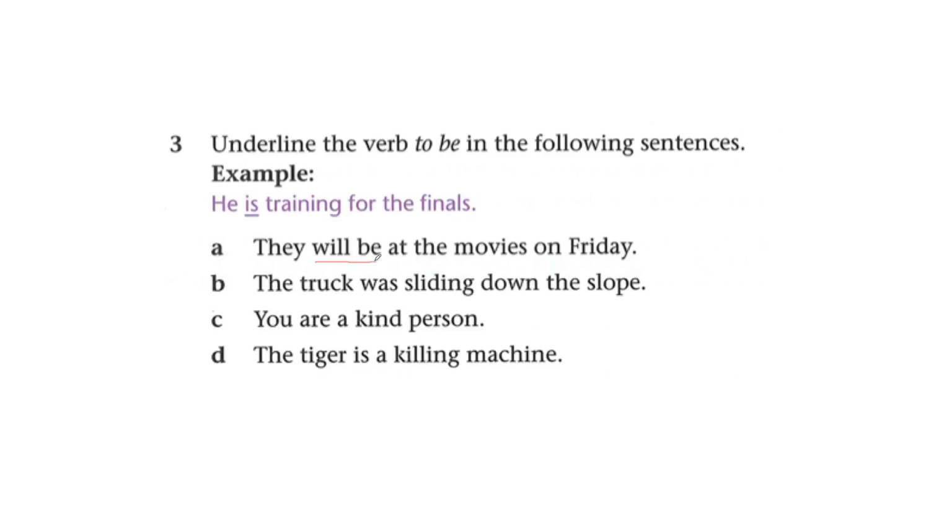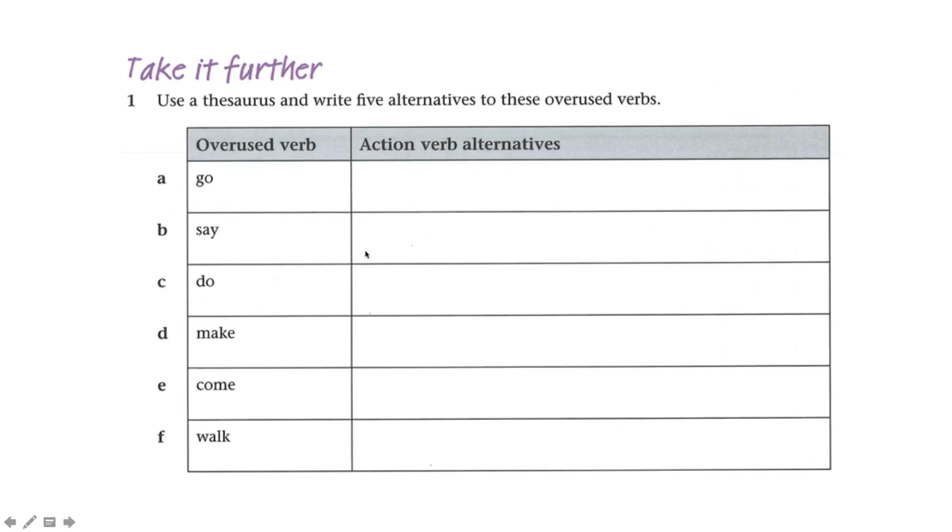So they will be at the movies on Friday. So like in the examples we've just previously read, it may be more than one word, not just a single word for the verb. Alright, let's move on to the next task.